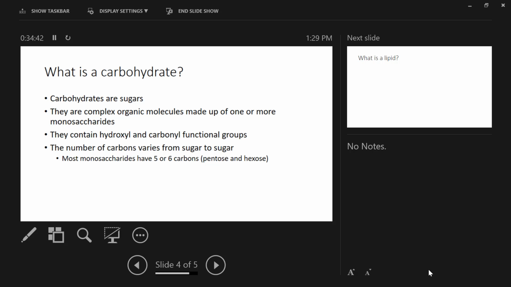Or you could write this, that a carbohydrate is a monosaccharide or a string of monosaccharides. And then as far as key terms, the only key term I would like for you to look up on this slide is monosaccharide.